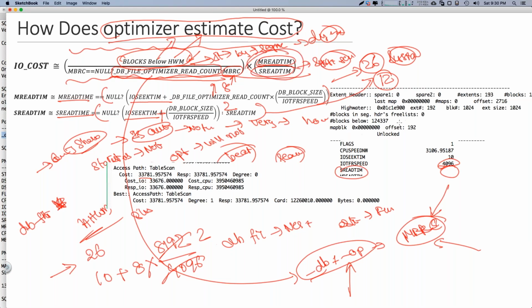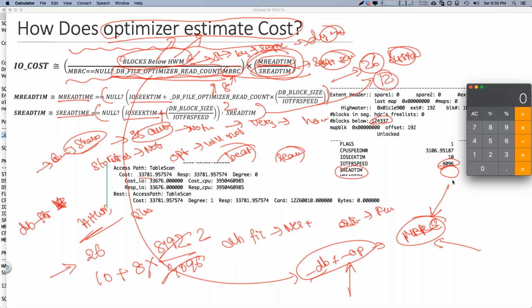Blocks below the high water mark, we already know that. 1,24,337 by 8 will give me this value, and star 26 by 12.